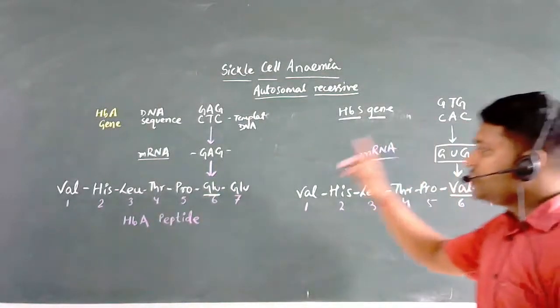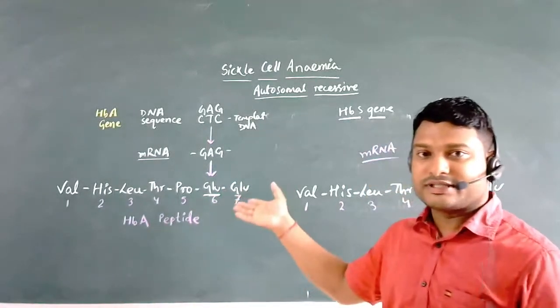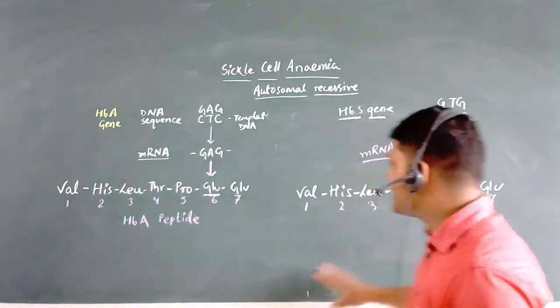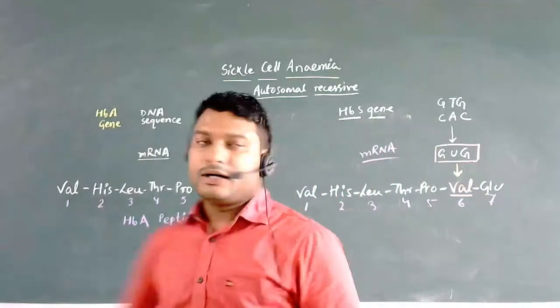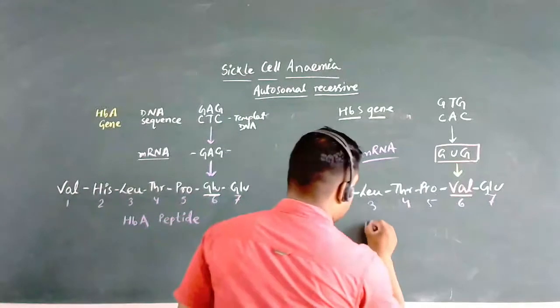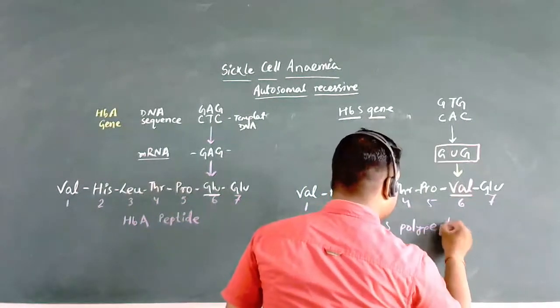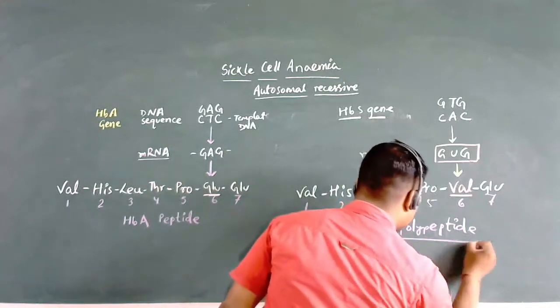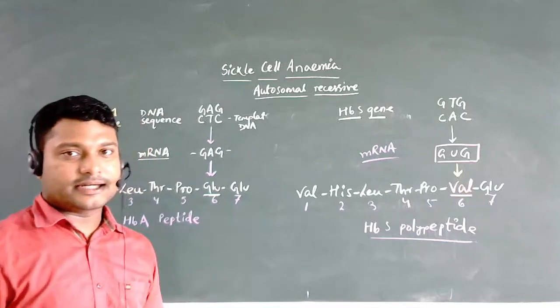If it is not glutamic acid, and it is valine, very simple, you have to go for the mutated condition, and it is going to be the HBS polypeptide, and this is going to lead to a sickle cell anemia condition.